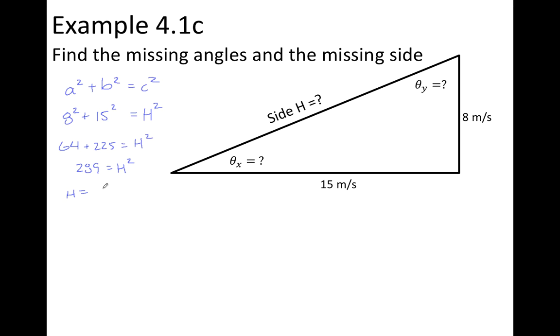And it works out that side h is 17, and the units for this are going to be meters per second. So you might say to yourself, well, meters per second, isn't that a unit for speed and not length?